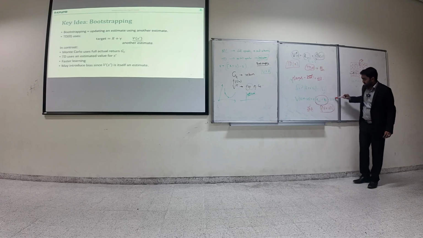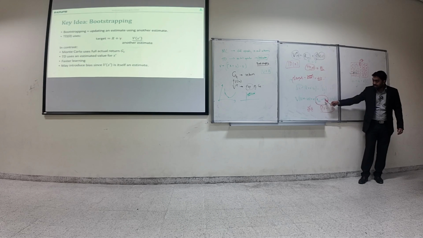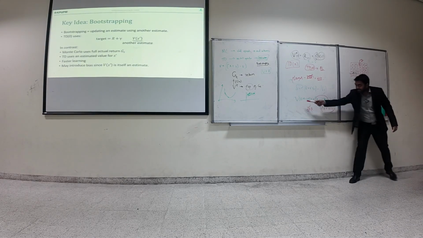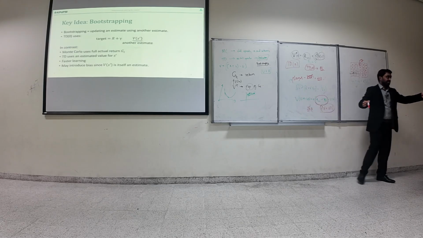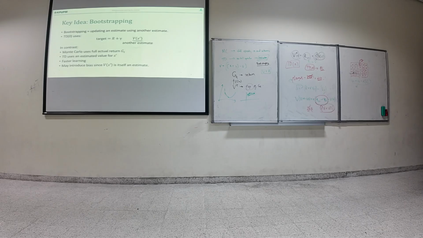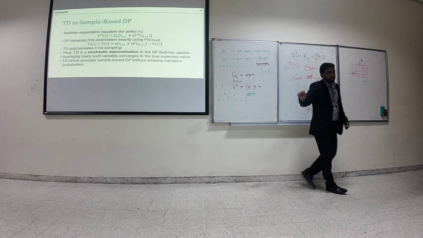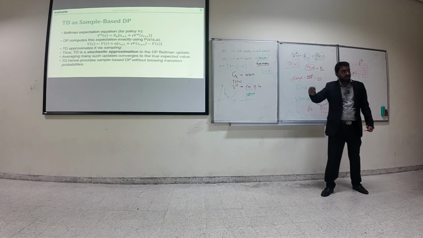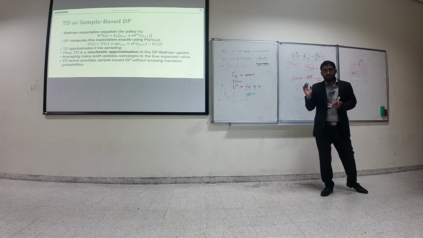You're updating the value function of the current state based on some estimate. When you're using some estimate to update another estimate, because this still isn't your true value, that is bootstrapping. So yes, in TD we are doing exactly what we do in DP, but we are approximating here rather than computing the exact solution of the equations that we have.